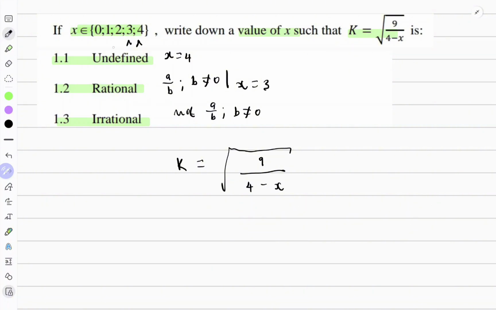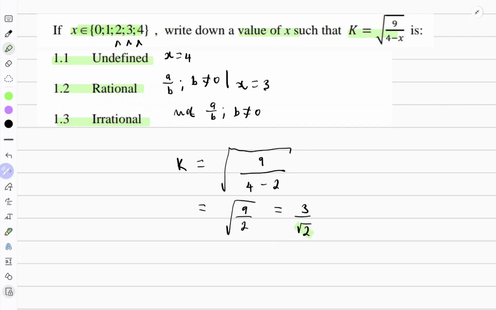So what happens when x is equal to 2? So when x is equal to 2, we get the square root of 9 over 2, which is equal to 3 over root 2, and this root 2 is irrational, because if you take the square root of 2 on the calculator, you get a non-terminating decimal.